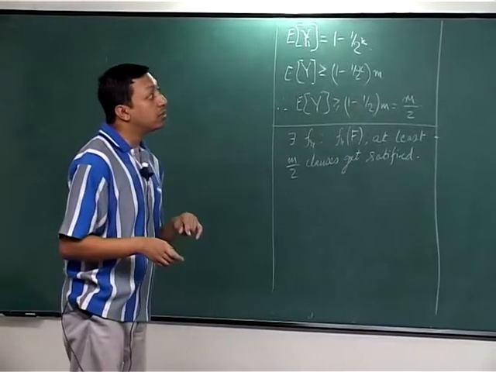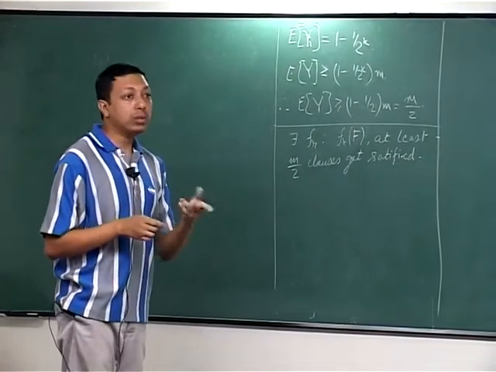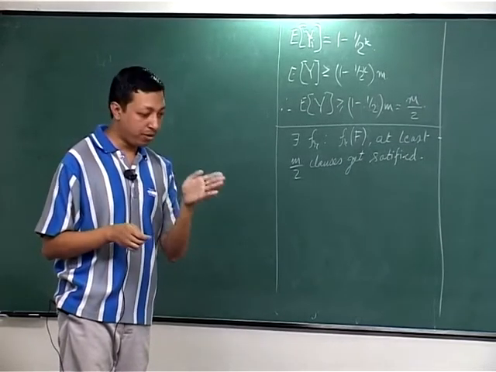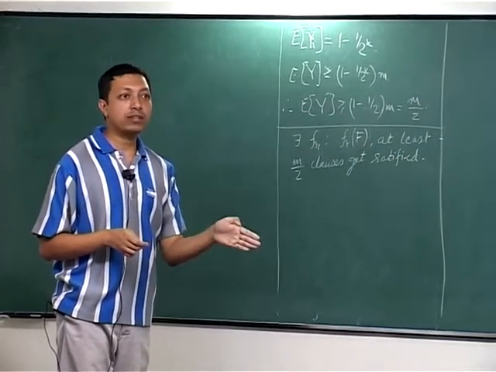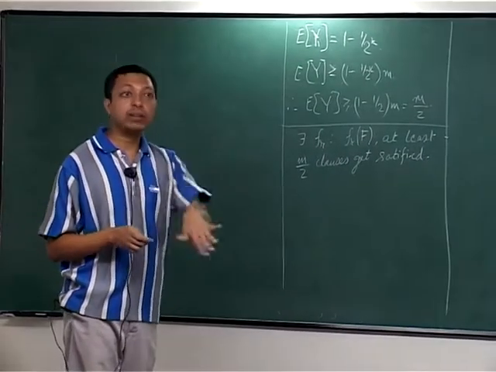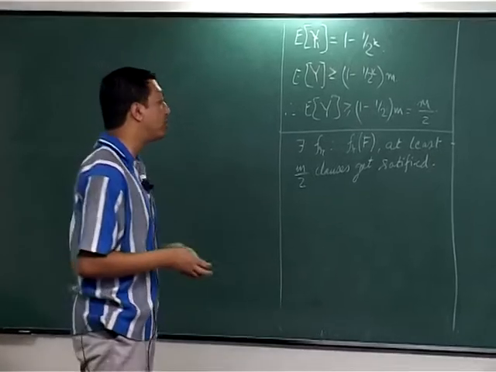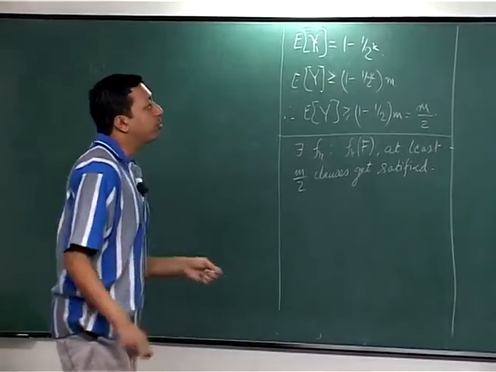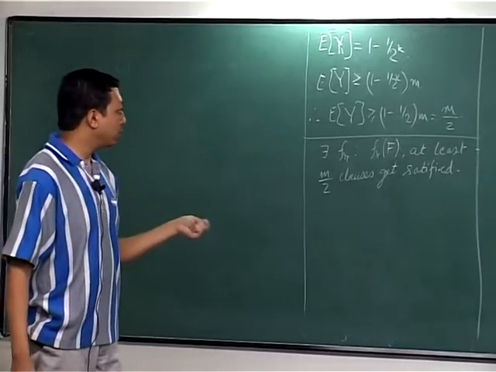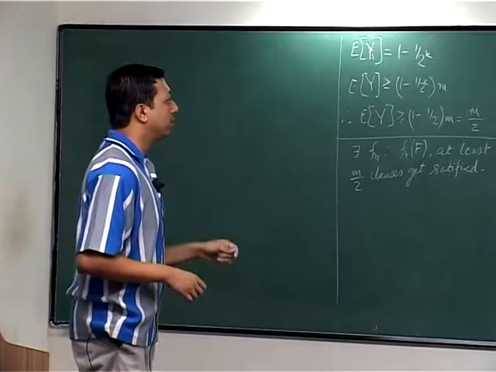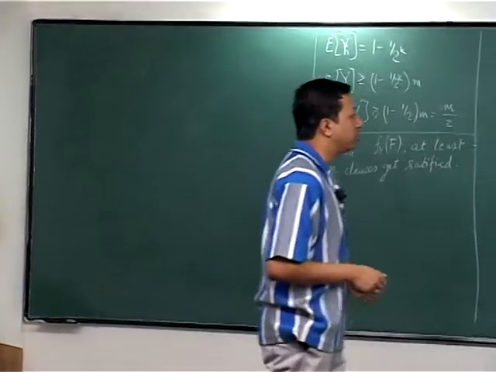And you notice that one of these numbers will be at least m by 2, because if k clauses get satisfied when you make the literal 1, then m minus k must get satisfied when you make it 0. So one of these numbers is always at least m by 2. So you don't need to toss coins, you can actually go by a fixed procedure.